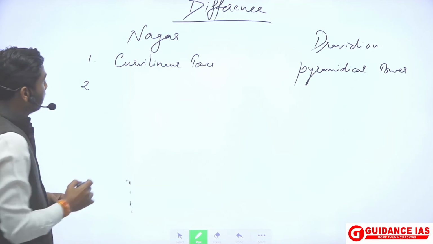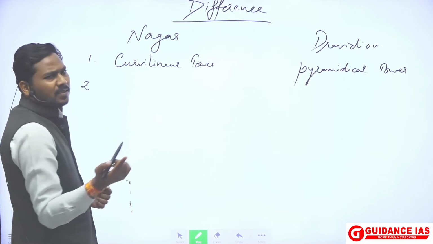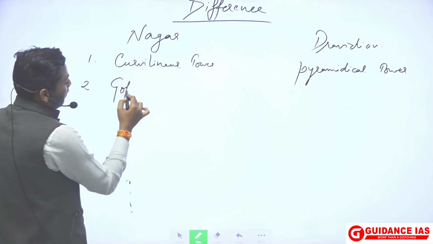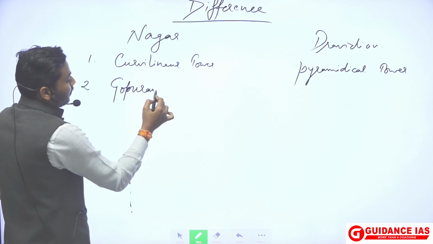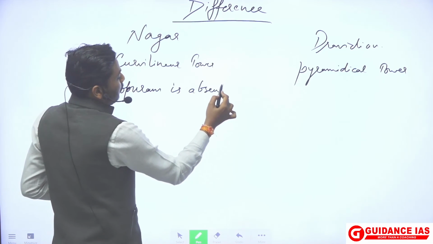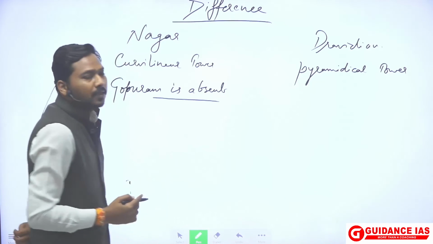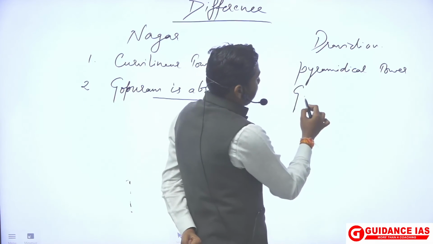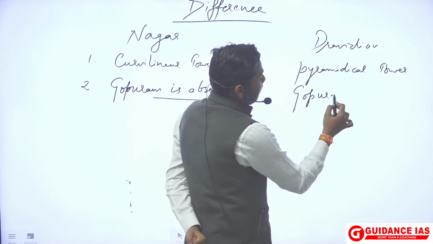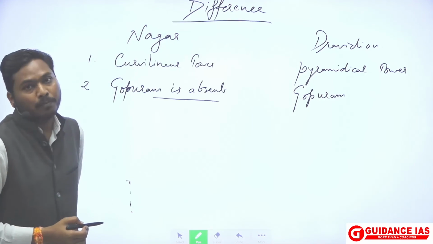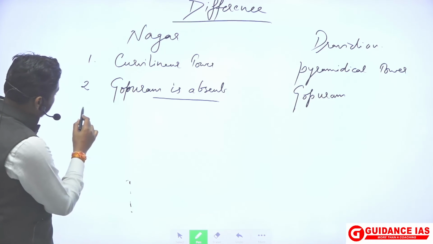Second, both are constructed on an elevated platform, but here Gopuram is absent. We haven't seen Gopuram in the Nagar style of architecture, but in the Dravidian style, Gopuram is a prominent feature of the temple complex. Clear?